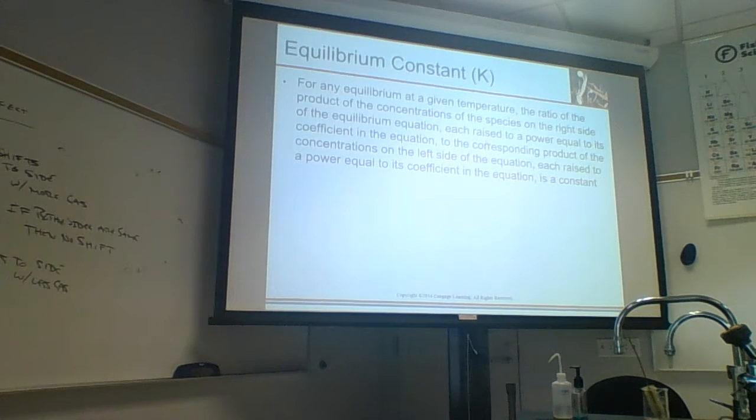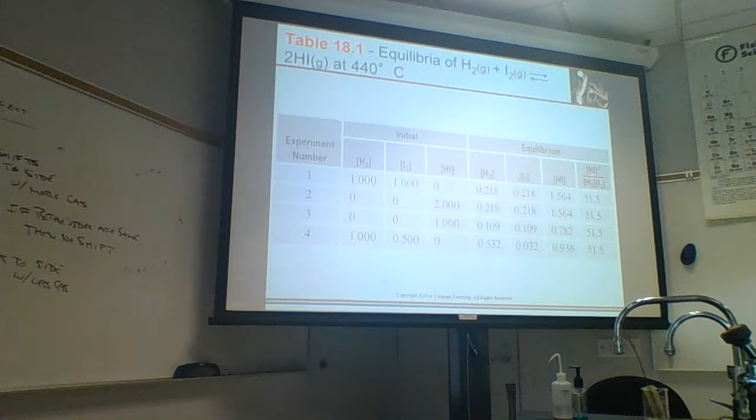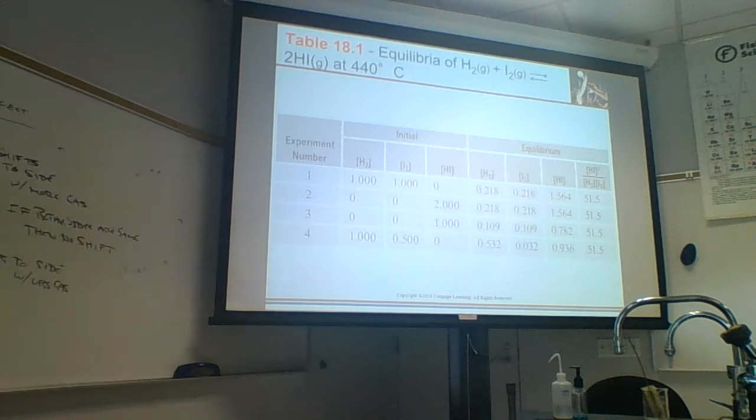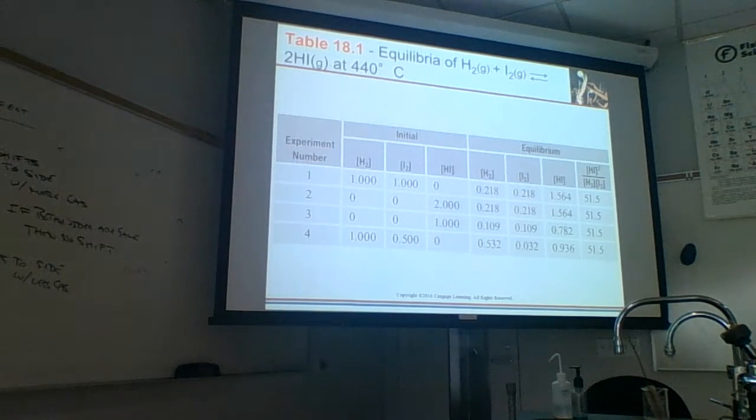It's just in words. This shows no matter how I start the reaction, the ratio is going to be the same at the end. We can do whatever we want with the reactants and the products, but when it's finished reacting, the ratio is the same.